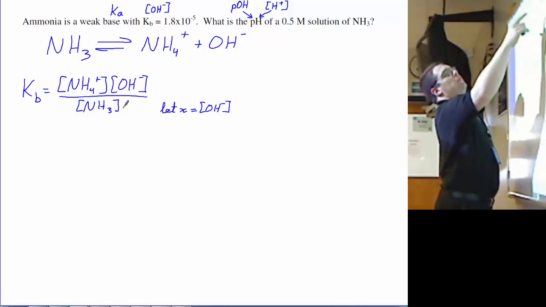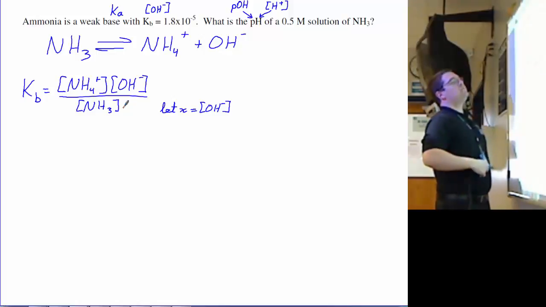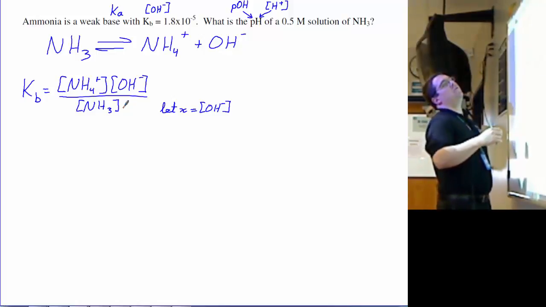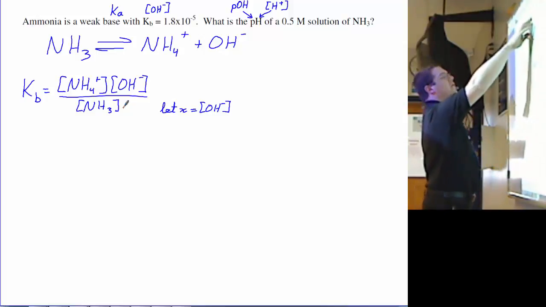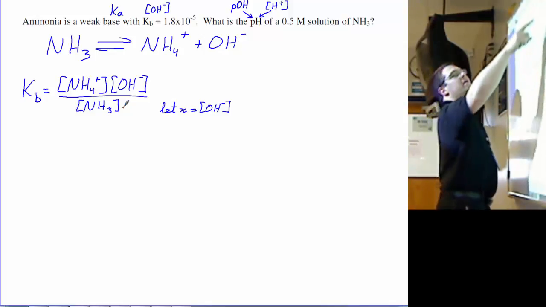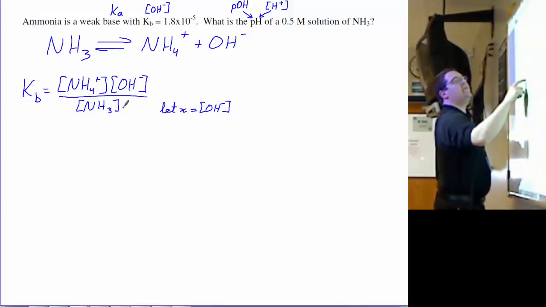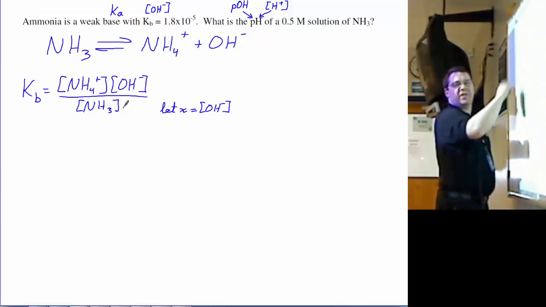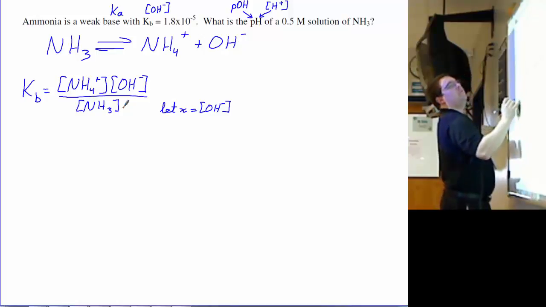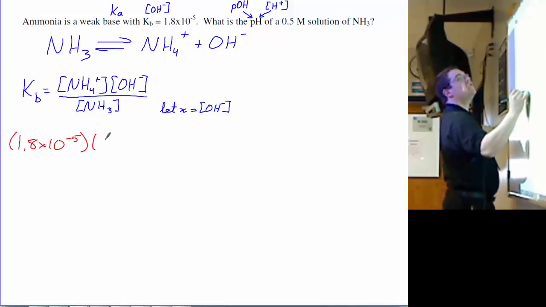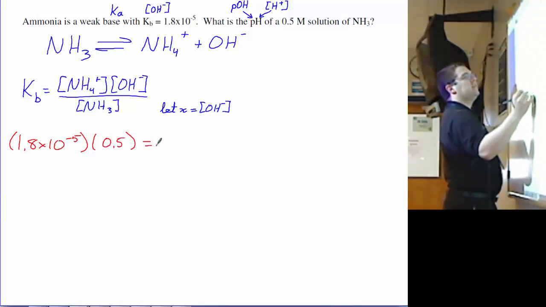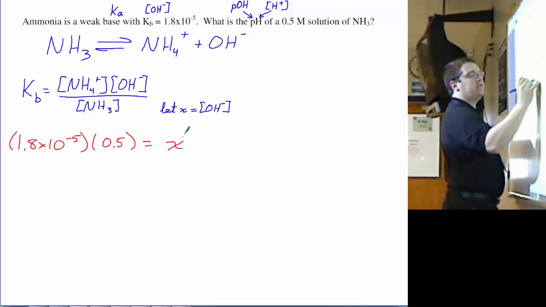So we're going to take the Kb, excuse me, and use that along with the concentration of the weak base and figure out what those X values should be. When we substitute that in, we're going to get 1.8 times 10 to the minus 5th, times the concentration of the ammonia, which is 0.5 molar, and that's going to be equal to X times X, or X squared.